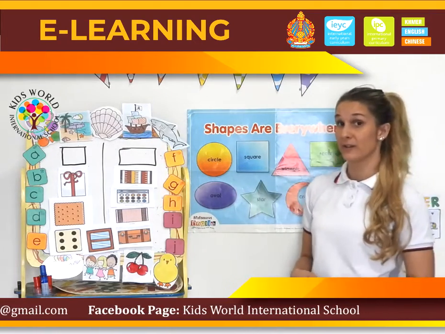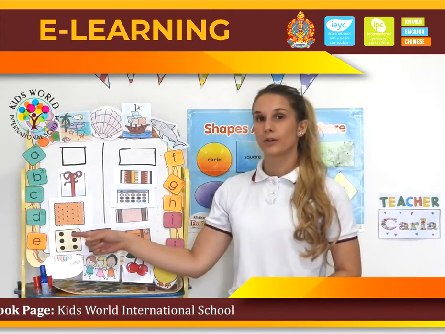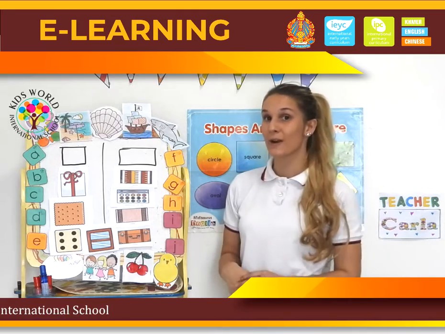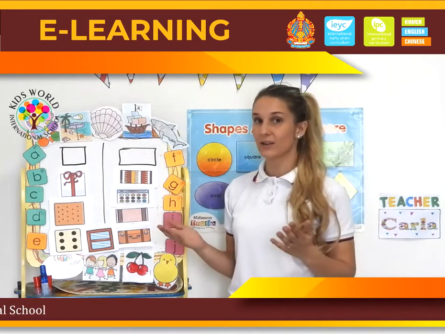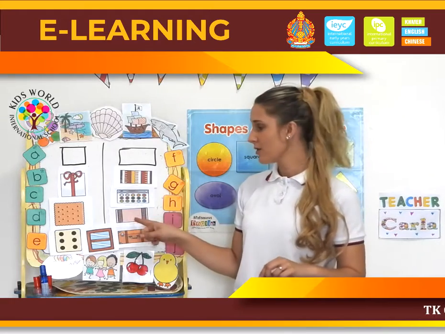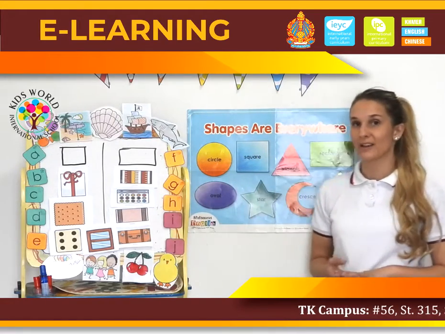How many squares did we find? 1, 2, 3, 4. 4 squares. And how many rectangles did we find? 1, 2, 3, 4. 4 rectangles.